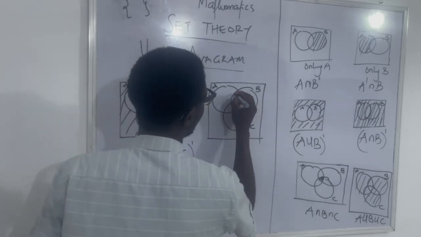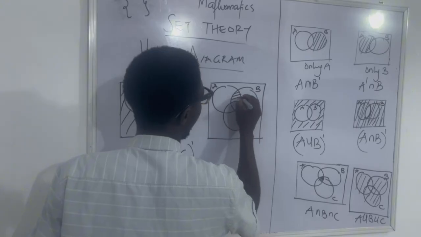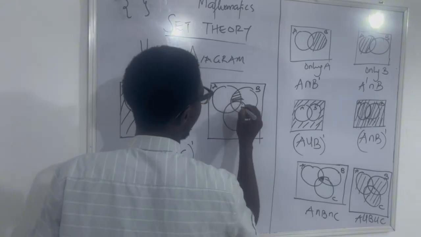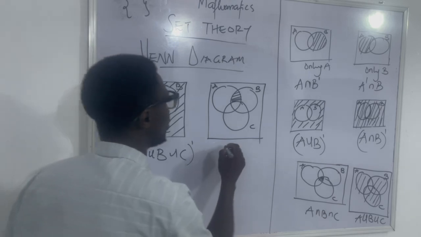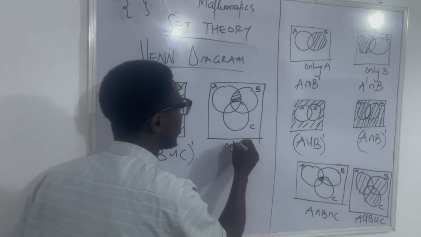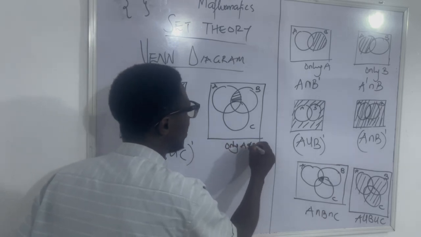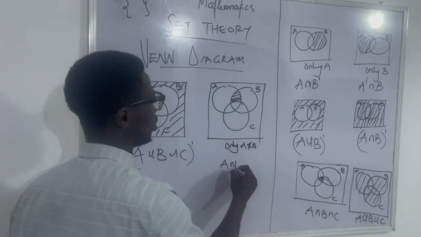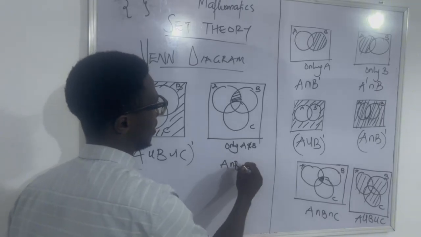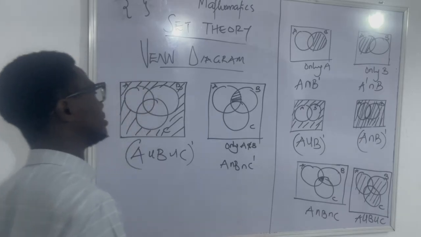So if I shade this, this means only A and B. Are we together? That is A intersection B intersection C complement.